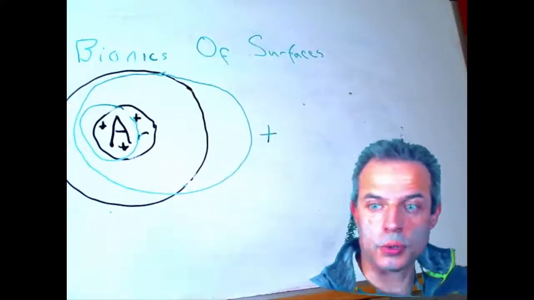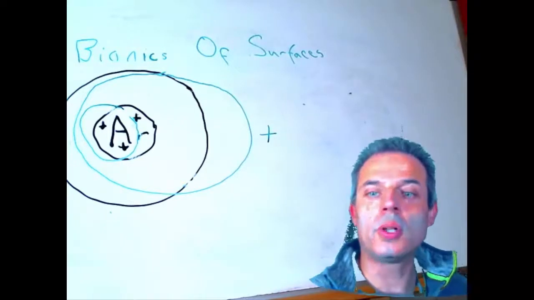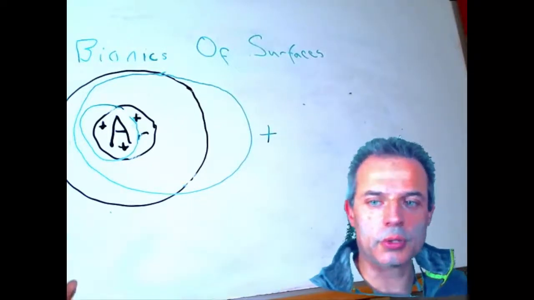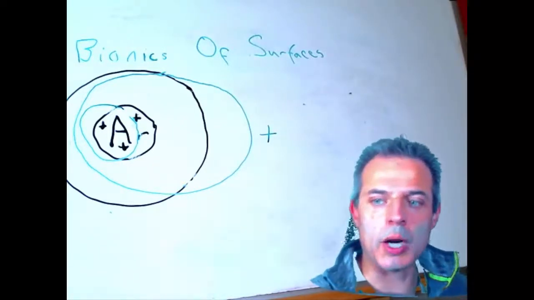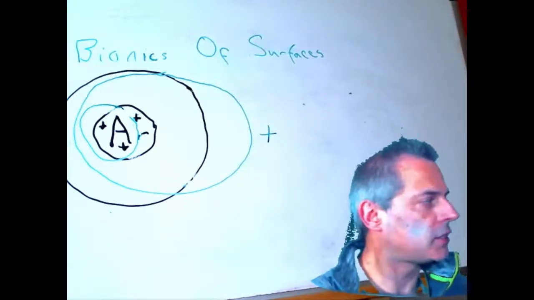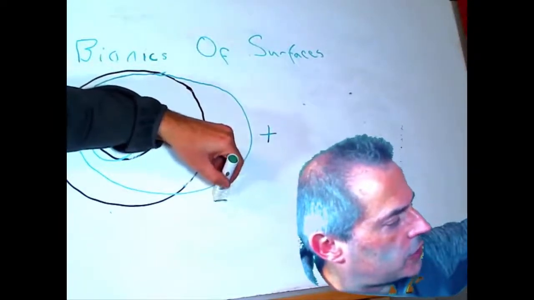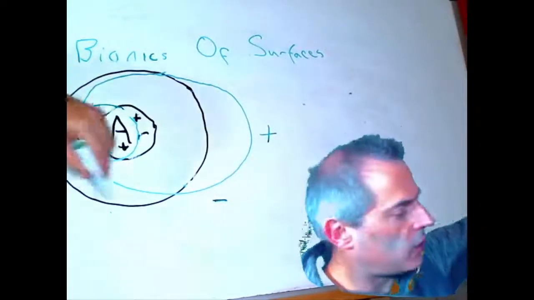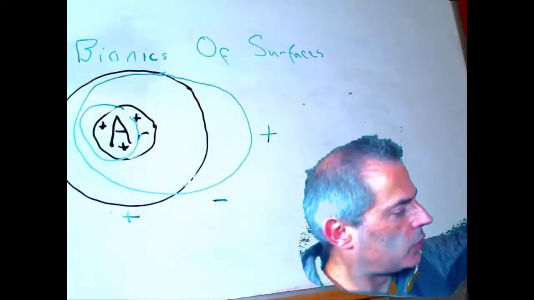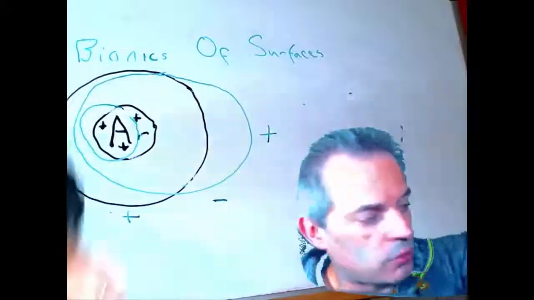A dipole has two poles. A magnet is a dipole, it has a north and a south pole, but in this case we've got an electrical dipole which has a plus and a minus end, and in total is zero. The total charge is zero, but it has a negative pole over here and a positive pole over here, which we normally draw as an arrow with a cross on its tail.